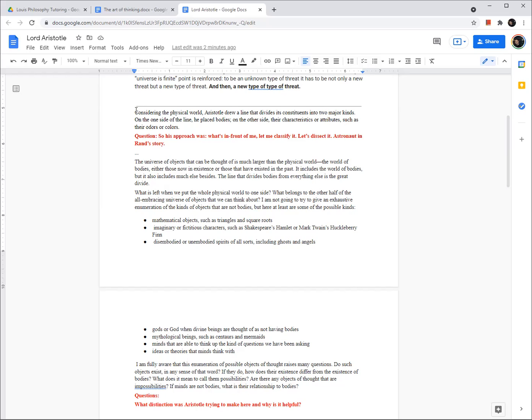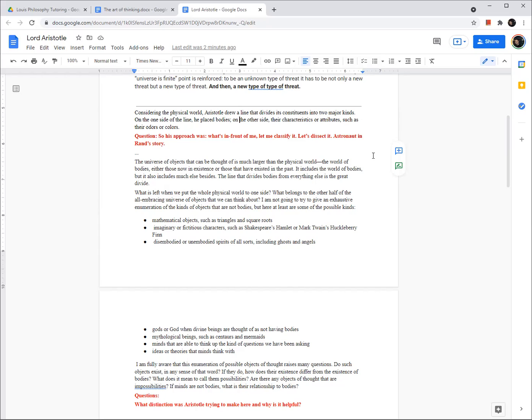So what I notice is this keeps coming up. Everything he's looking at, like he'll consider the physical world, and then he'll start dividing it up into living, non-living, and then there's bodies, and then there's characteristics and attributes, and then he looks at the different categories of attributes like quality, quantity, relationship.